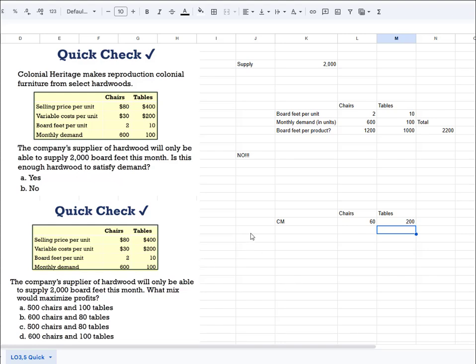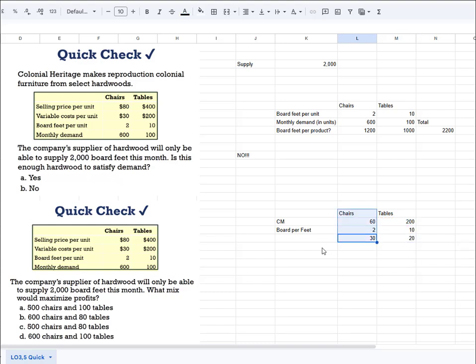Okay, and then we are going to have our board feet, and we require 2 feet for this one and 10 feet for this one. So we are going to have a contribution margin per constrained resource of 30 for our chairs and 20 for our tables.